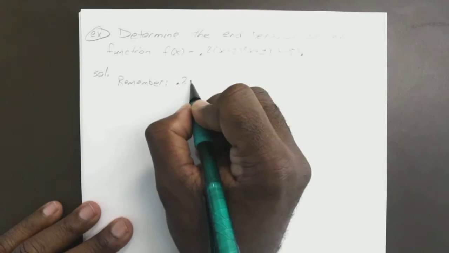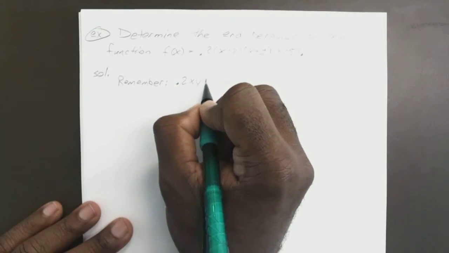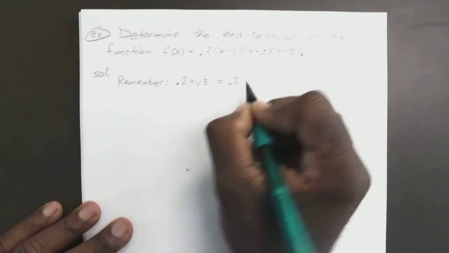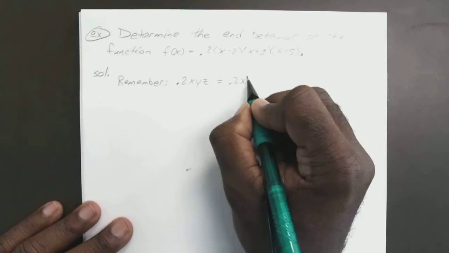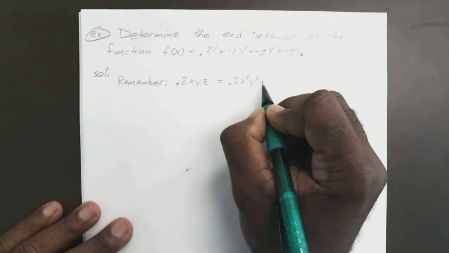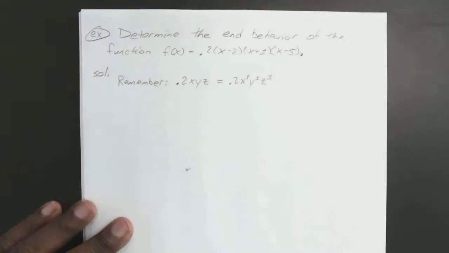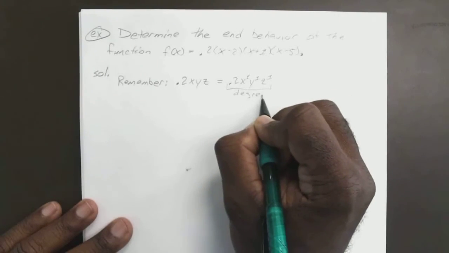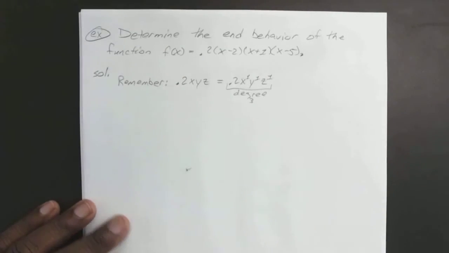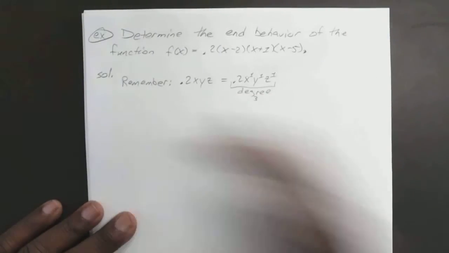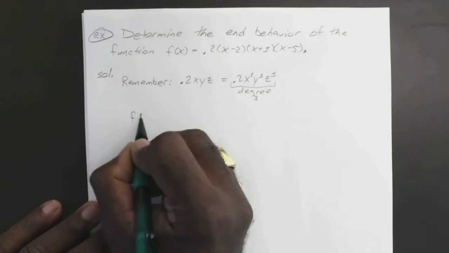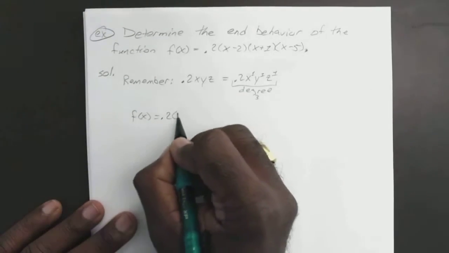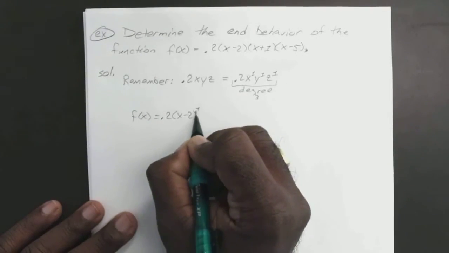If you think about it this way, if you had 0.2 times x times y times z, that would be 0.2 times x to the first, y to the first, and z to the first. So that would be degree 3. This is the very same thing.